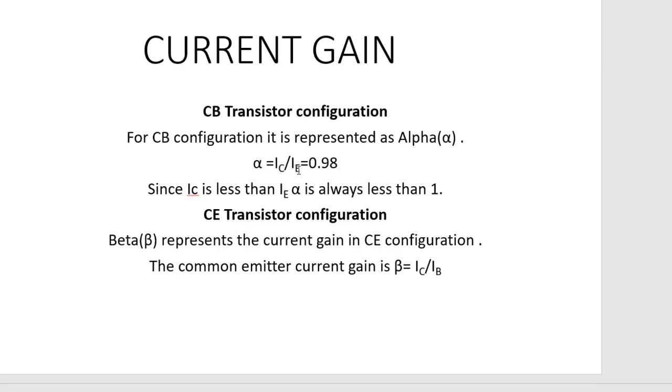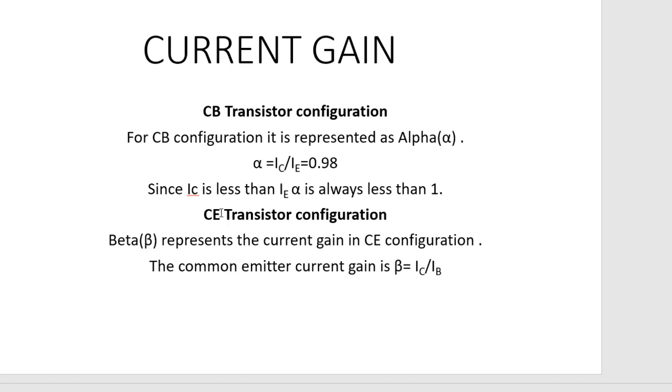The typical value of current gain of common base configuration is 0.98. Since IC is always less than IE, alpha is always less than 1. So this is about the CB transistor configuration. The current gain of CB is always less than 1.